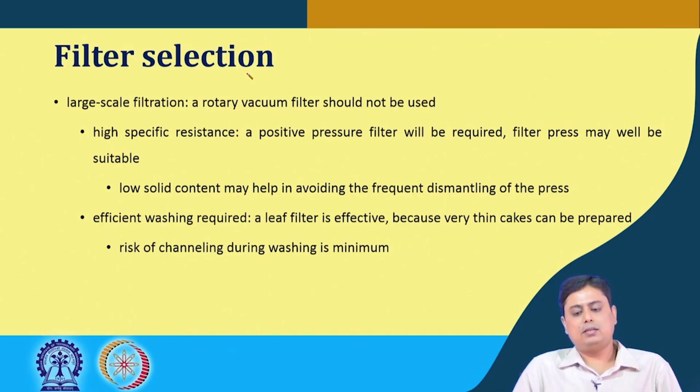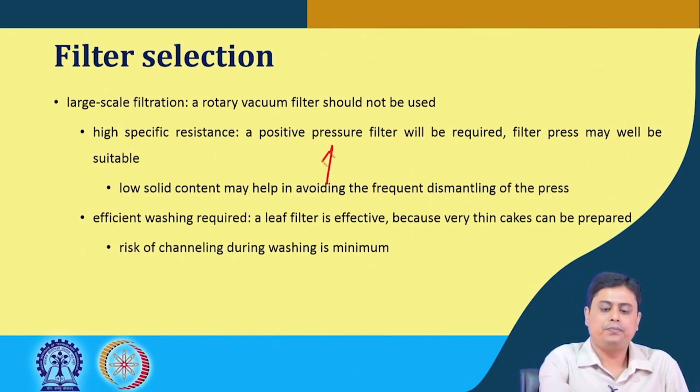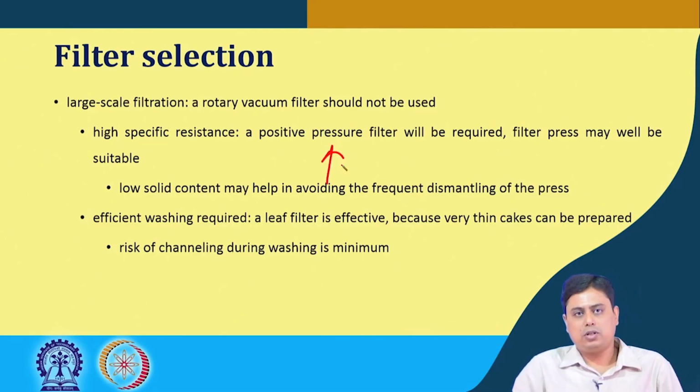So, a filter press may be useful in such cases where there is high specific resistance of the cake, and low solid content may help in avoiding frequent dismantling of the press. If you have a low solid content in the suspension, that is an added advantage, since positive pressure is applied as well as there is low solid content. So, frequent dismantling of the filter press is not required.